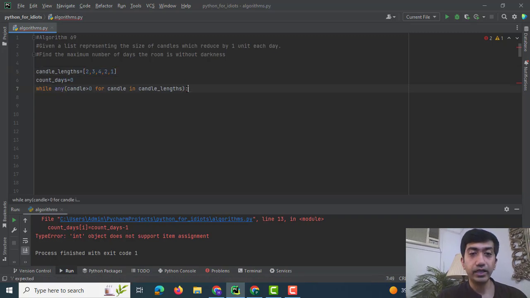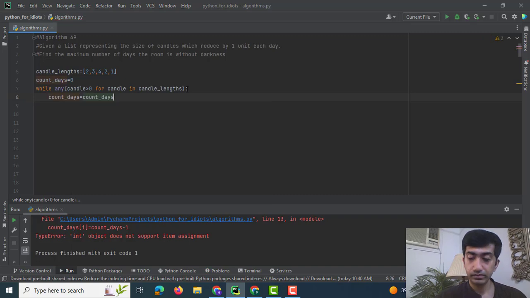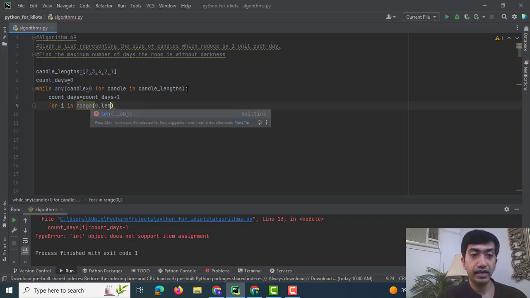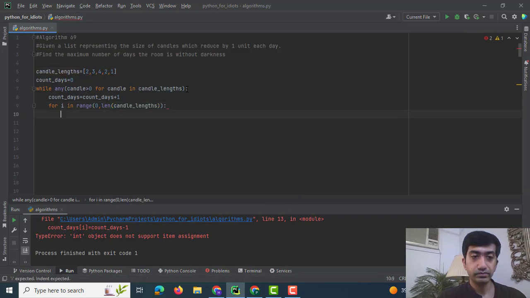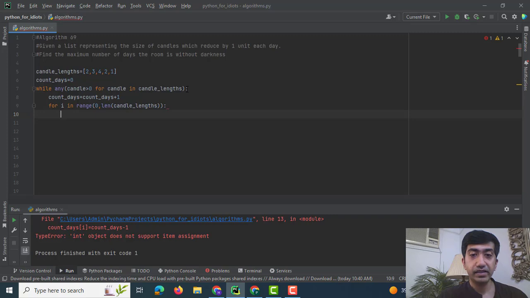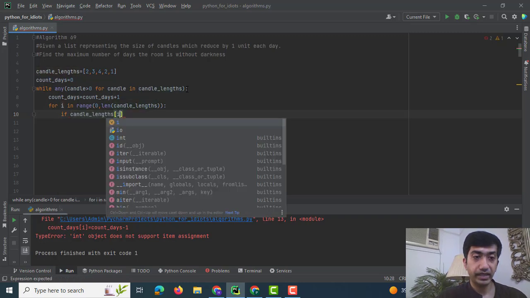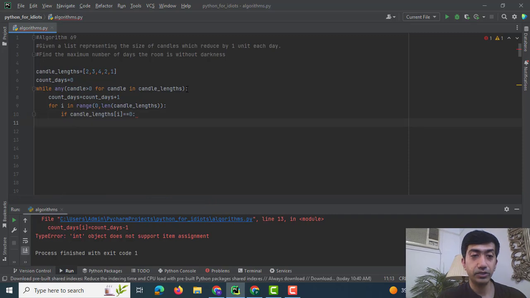Once inside the while loop I would increment the count days by 1 day. Then I would make use of the for loop for I in range 0 length of candle length. Now if any of the candles length has turned to 0, then if candle length I is equal to 0, then we won't be doing anything because that candle has become extinguished.